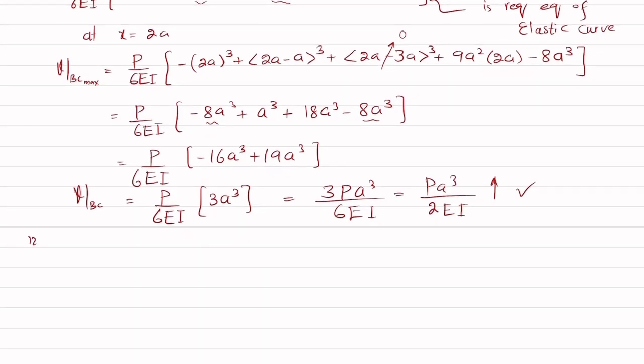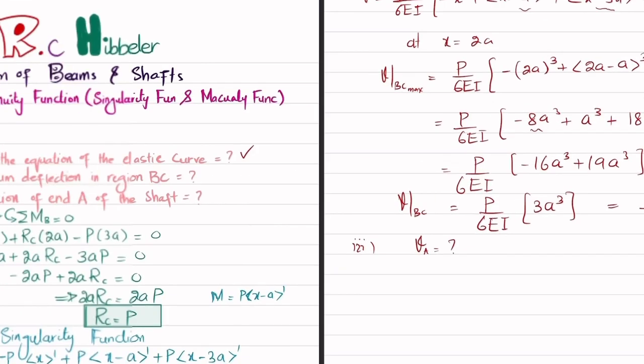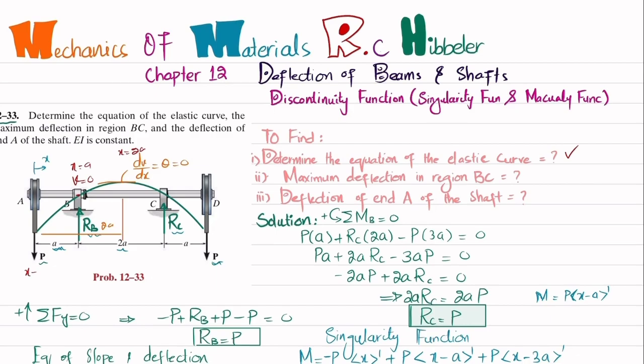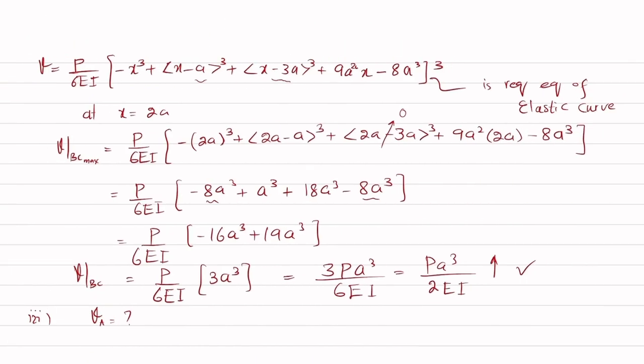Now the third part is to find the deflection at point A. So you can see here that x is equal to 0. So put x equal to 0 in the above equation of elastic curve, which is this one.